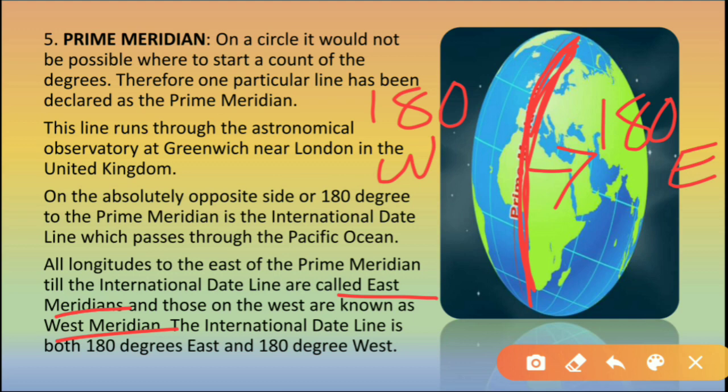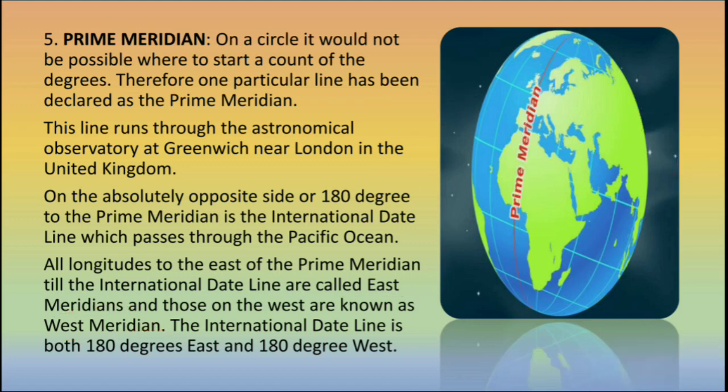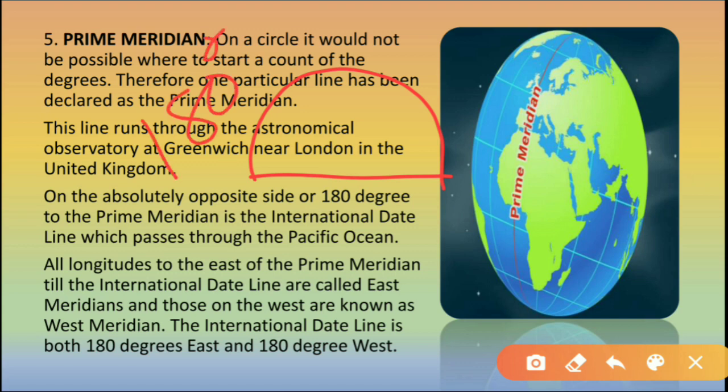So from the prime meridian to the international date line there are 180 meridians, known as west meridians, and from the eastern side also there are 180 meridians. Have you seen a protractor? How many degrees are there in a half protractor? 180 degrees. But when you see the full one, it is 360 degrees in all.